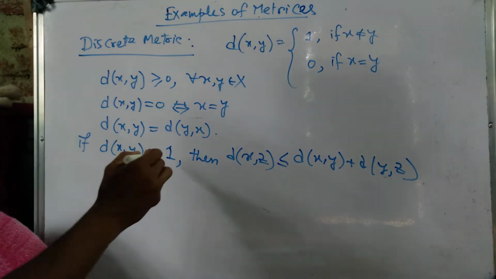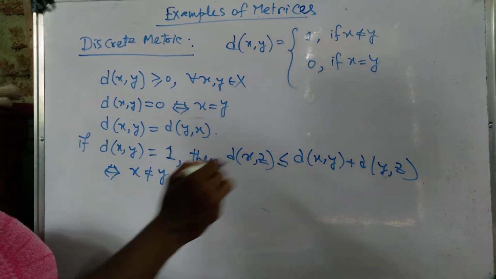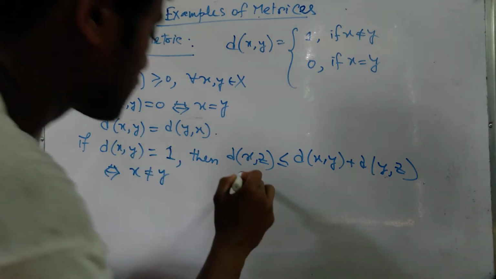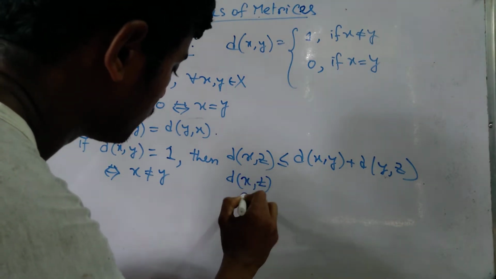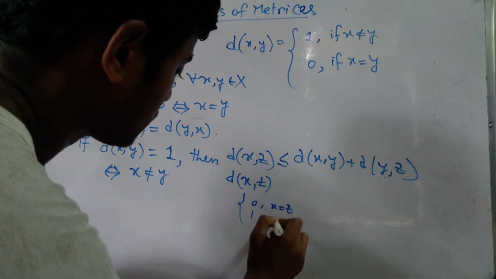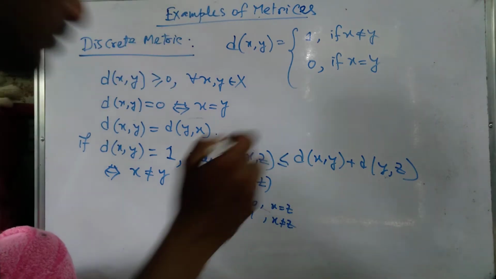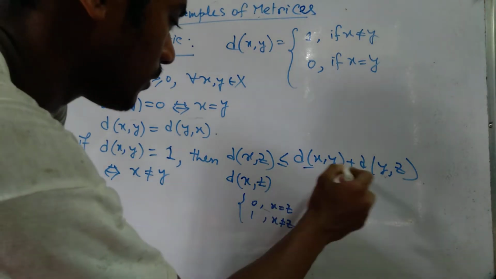Possible when? Because this implies x is not equal to y. Here d(x,z) has two possibilities, 0 and 1. If 0 then x equal to z, if 1 then x is not equal to z. That means if 1, then here also 1.